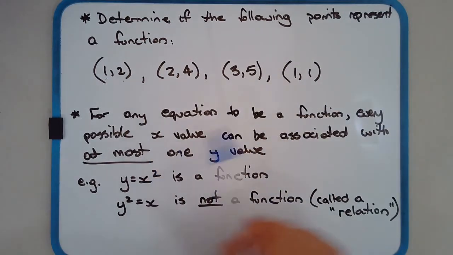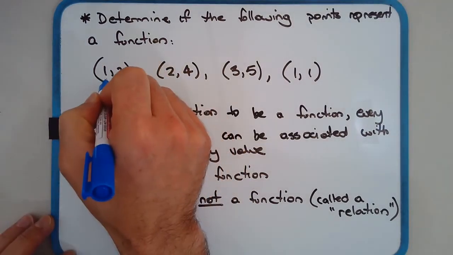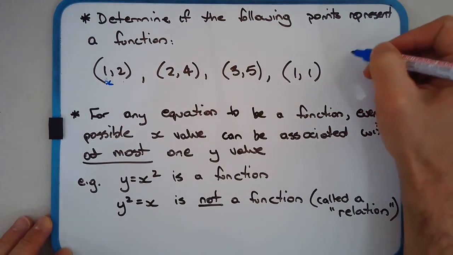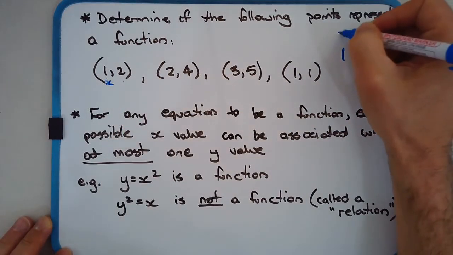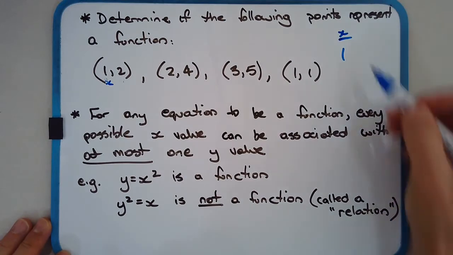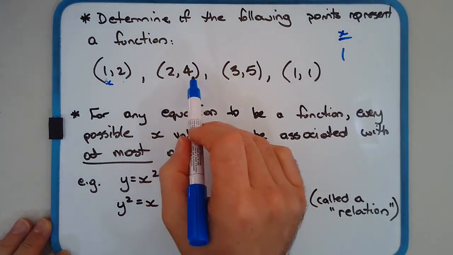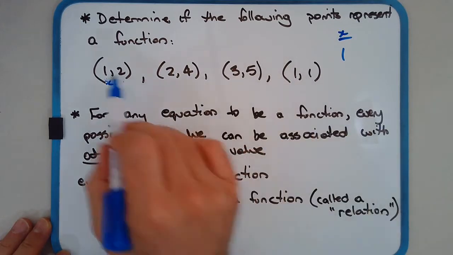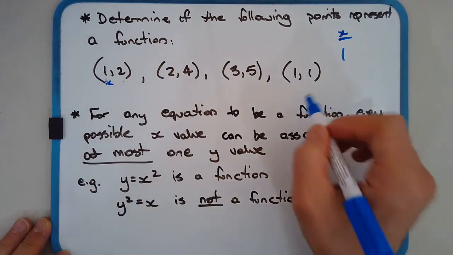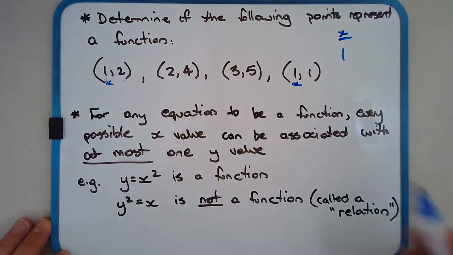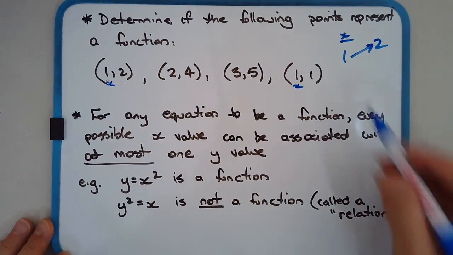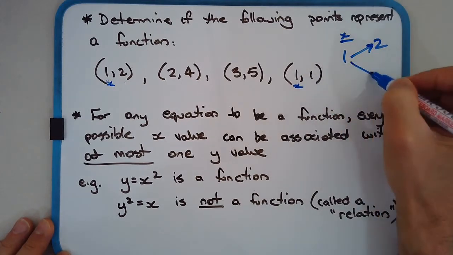You can probably see that this is not going to form a function. 2 maps to 4, 3 maps to 5, so they're okay. But this 1 is repeated. So this x value of 1 is also here. 1 maps to 2, but this 1 maps to 1.